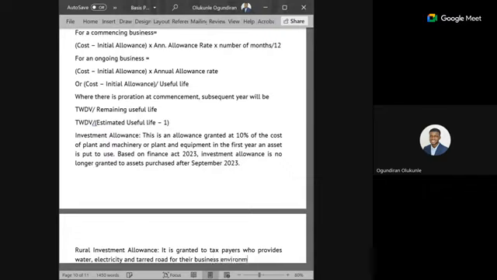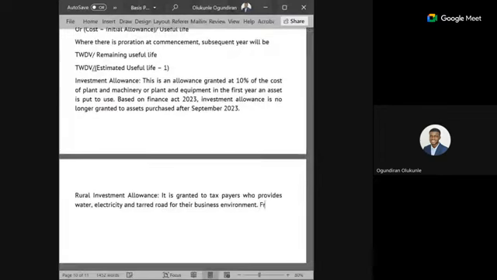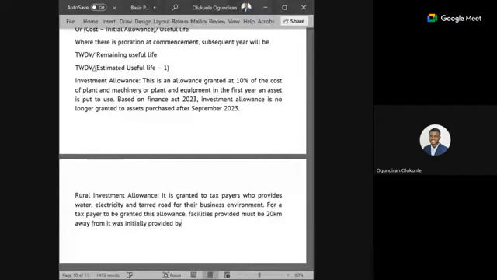But this is one of the most absurd laws I've ever imagined in my life. For a taxpayer to be granted this allowance, the facilities provided must be 20 kilometers away from where it was initially provided by the government.